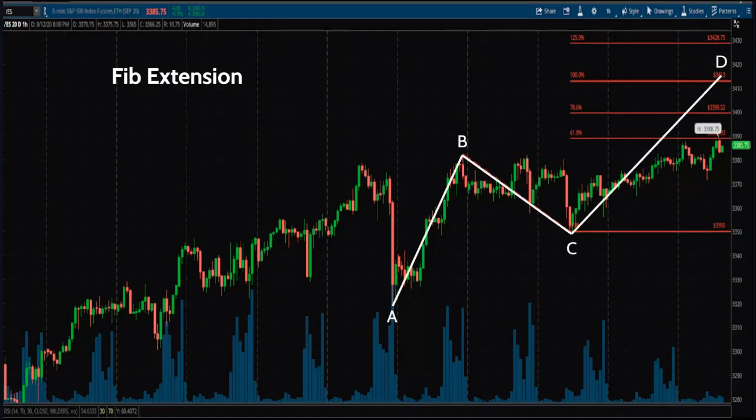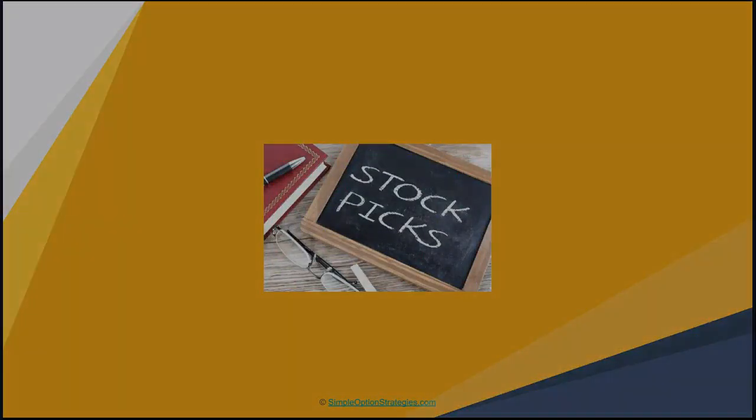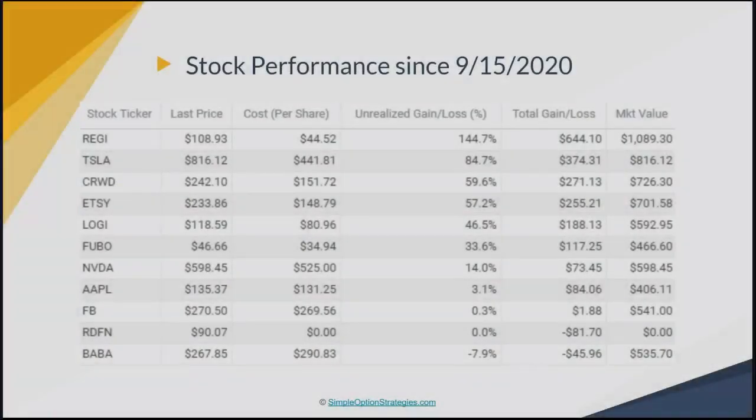All right, so I'm going to get now into a couple other trades that we're using. These are stock picks. So in our group, basically we're now creating awesome portfolios. So this is a portfolio that I put on 9/15/2020, and you can see there that it did real well.